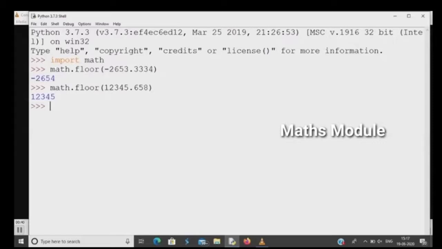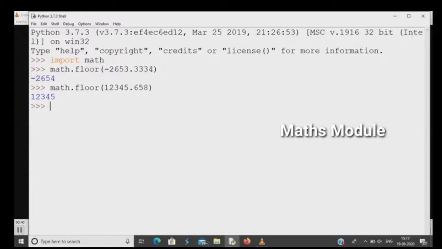So for -2653, the nearest lowest number was -2654. Since it is a negative number, it is -2654. But when we are discussing a positive number, it will just truncate your decimal part. You can see here I have written 12345.658, but I am getting the answer 12345.